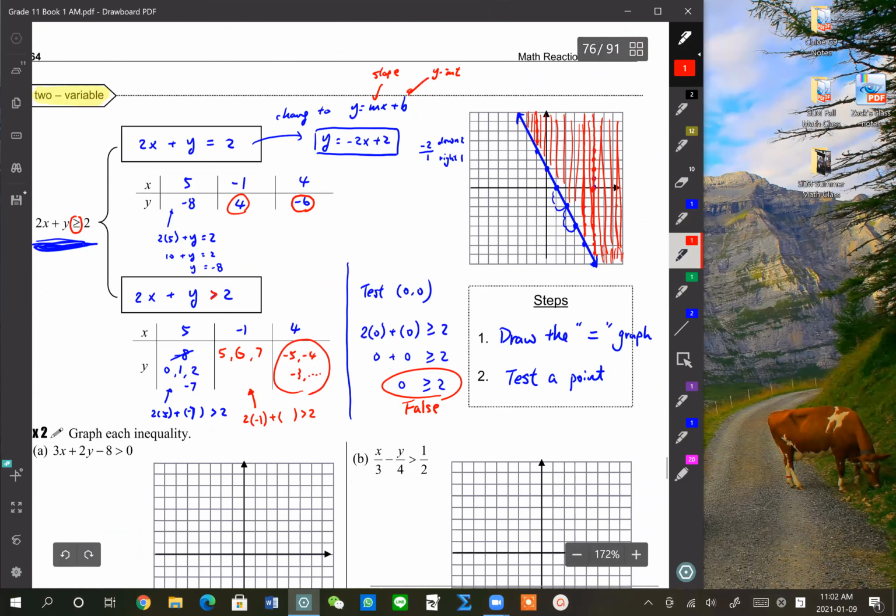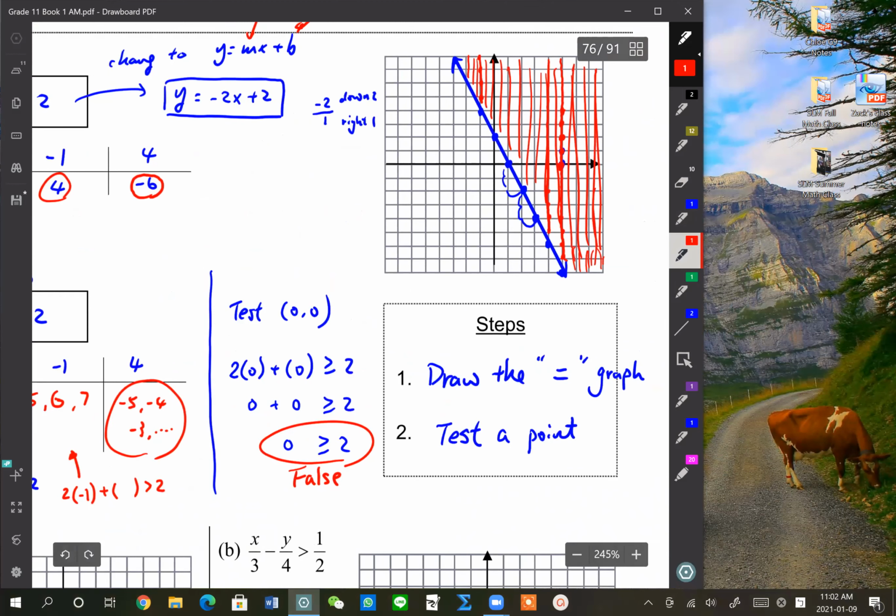So if 0, 0 is false, let's look at the graph. 0, 0 is over here at the center. This one is false. That means everything on the lower part is false. Everything on the side where you have the false point is false.